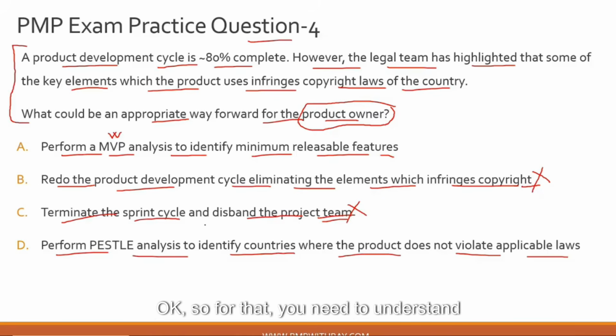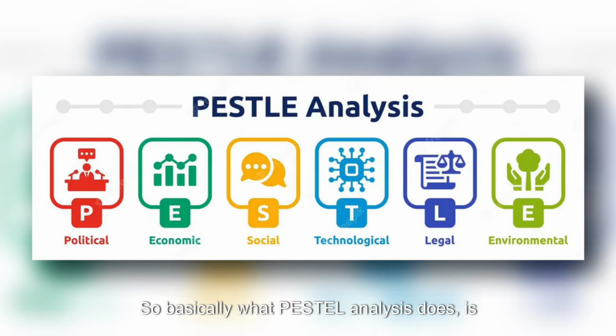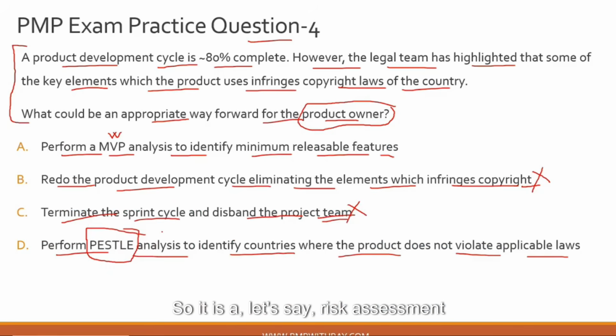Okay, so for that, you need to understand what is a pestle analysis, right? So please go back to your PMBOK 7th edition and read up the definition of pestle analysis. So basically what pestle analysis does is it classifies an issue, or let's say classifies a macroeconomic condition, with respect to political, economical, sociological, technical, legislative, etc. Okay, so it is, let's say, a risk assessment tool which you can use when a macroeconomic factor is happening in your project.